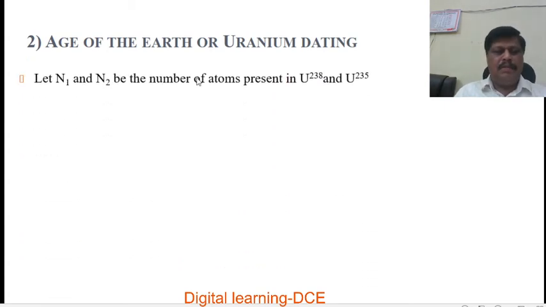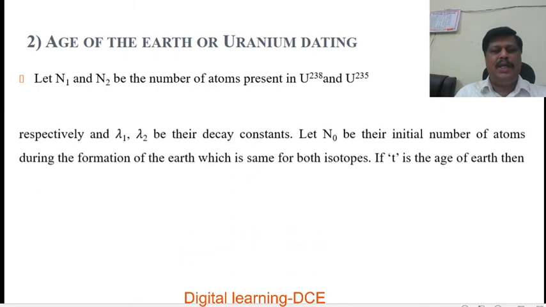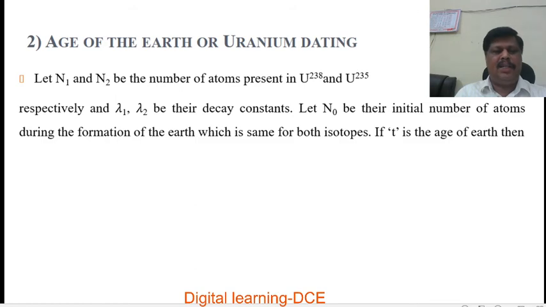Using the mathematical formula, we can calculate the age of the Earth by uranium dating. Let N1 and N2 be the number of atoms present in uranium 238 and uranium 235 respectively, and lambda 1 and lambda 2 be their decay constants.